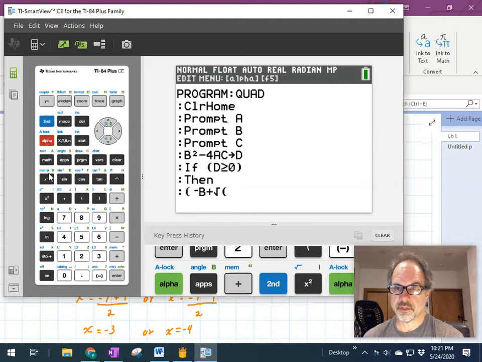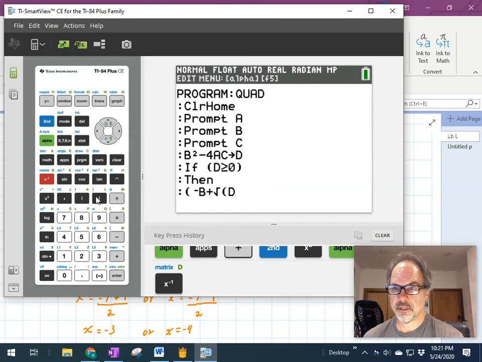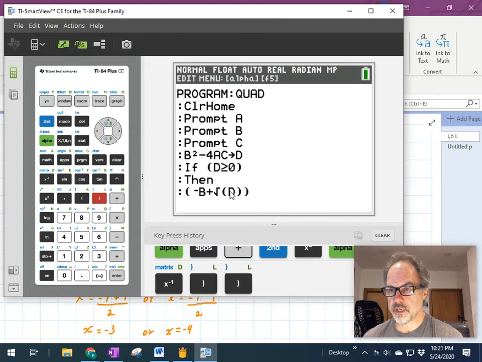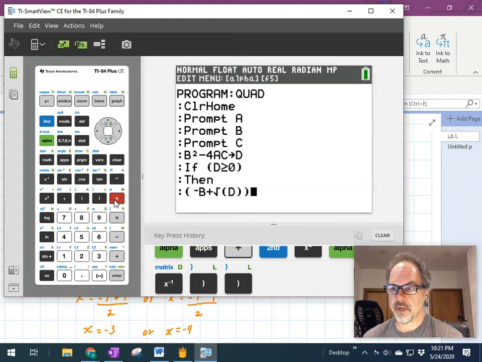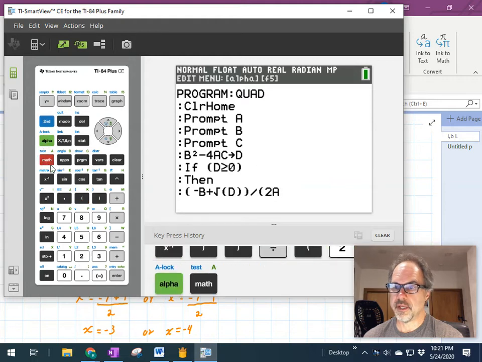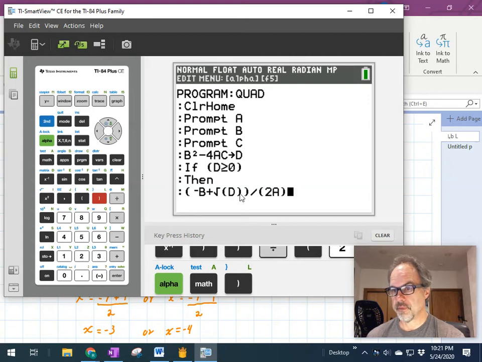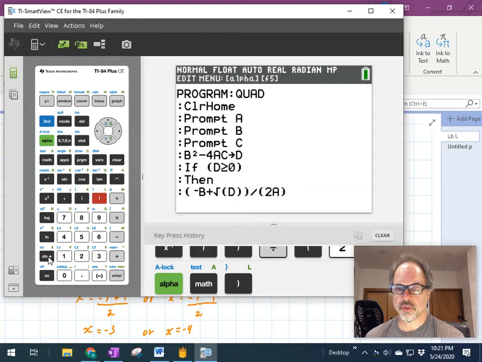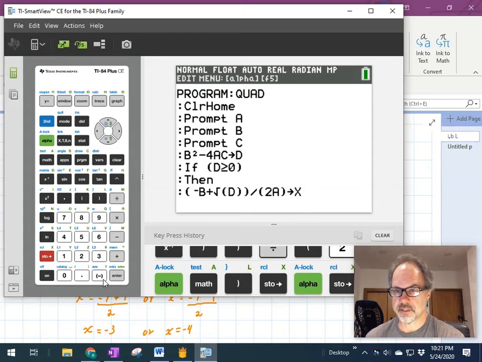The discriminant is stored in d. Close parentheses. I'm going to close one more set of parentheses, so there's my entire numerator, divided by, open parentheses, 2a, 2 times a. And that's going to give me my first real root. So we can store that into, I don't know, how about just x? So we can do alpha x like so.